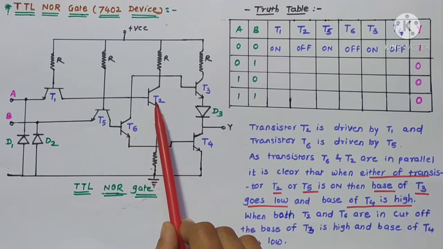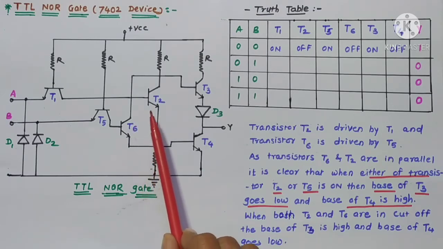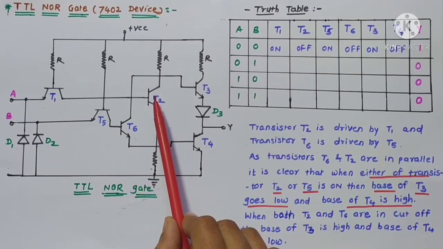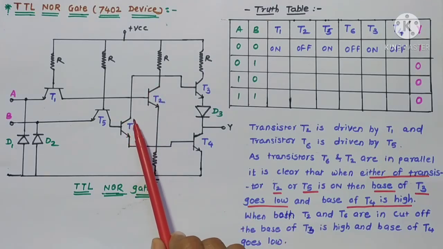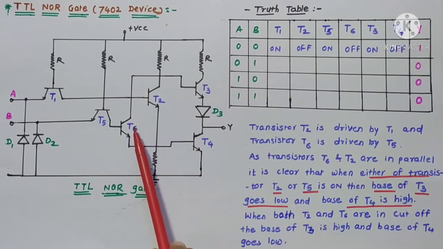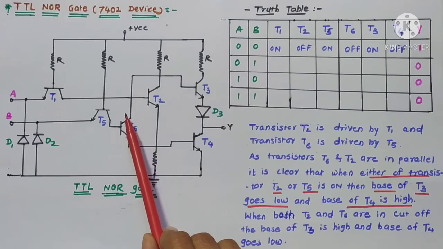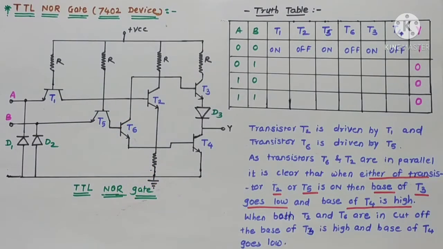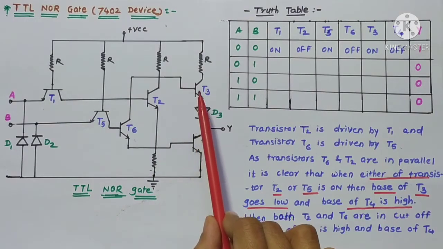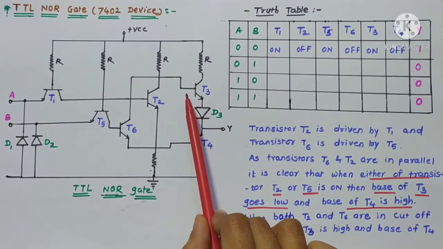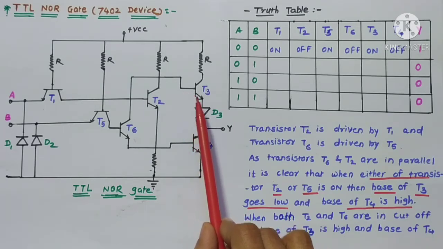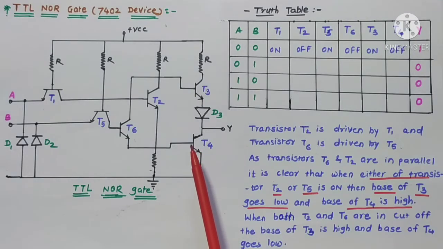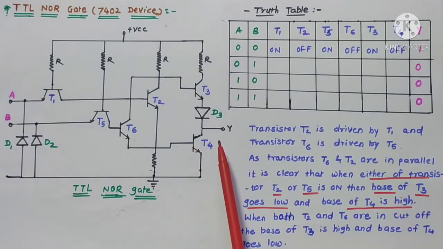As transistor T2 or T6 switches on, its collector goes low, and this low collector voltage is given to the base of transistor T3. Therefore, transistor T3 is in cutoff, and at the same time transistor T4 switches on, and we get the output Y equal to 0, or ground.